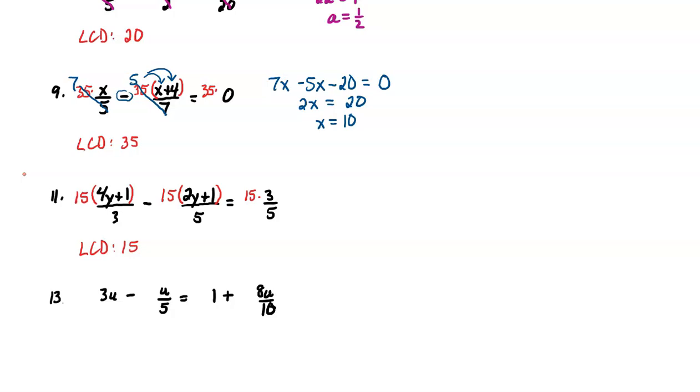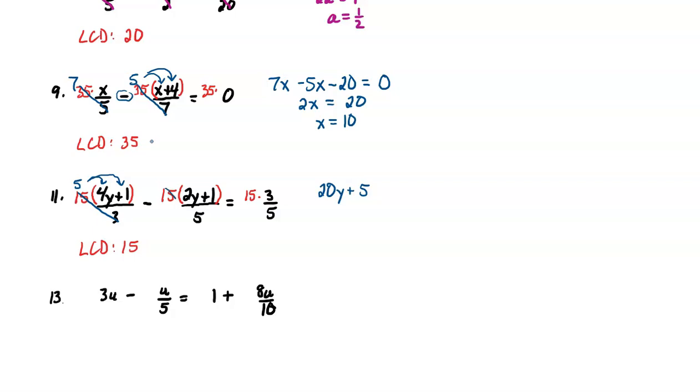Notice how helpful it is for me to have thought ahead of time that I'm going to need some space to show my work. Now the canceling. 15 over 3 reduces to a 5, and that 5 gets distributed to the binomial. 5 times 4y is 20y. 5 times 1 is positive 5.